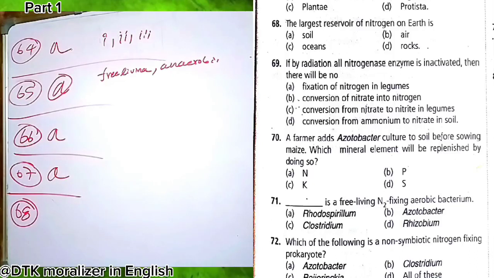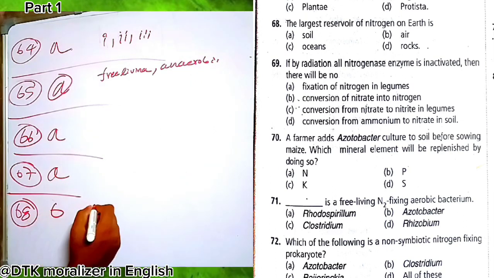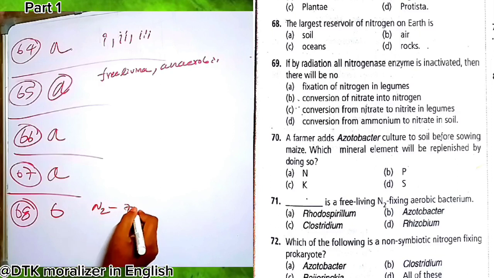The largest reservoir of nitrogen on earth is soil, air, ocean, rocks. Nitrogen is abundant in air, which is 78%. So option B. More than 70% exists in air, or 78%.